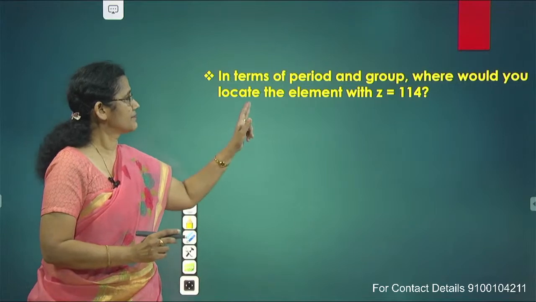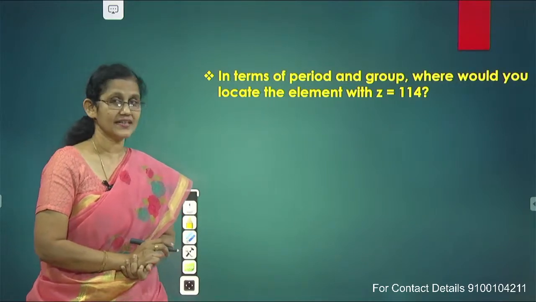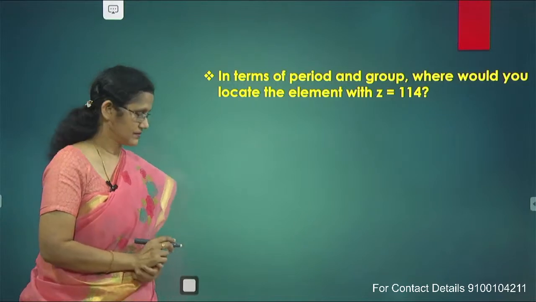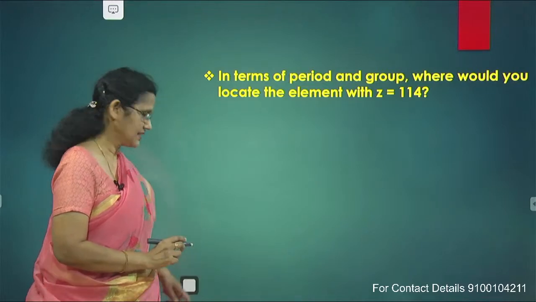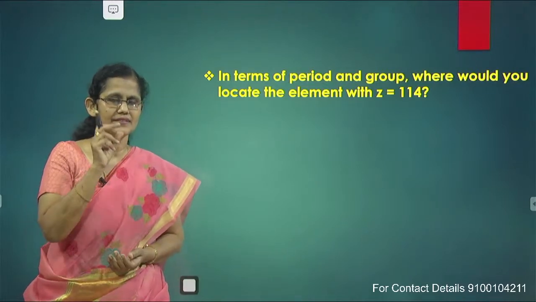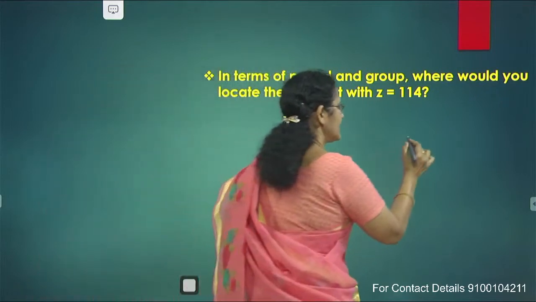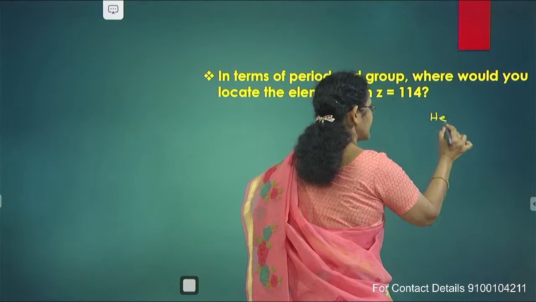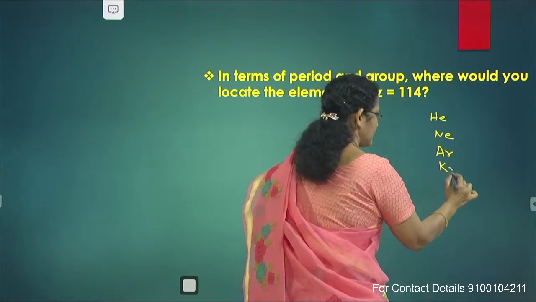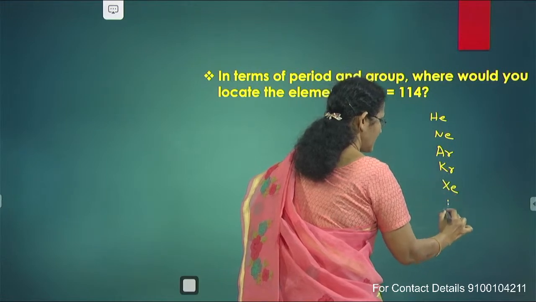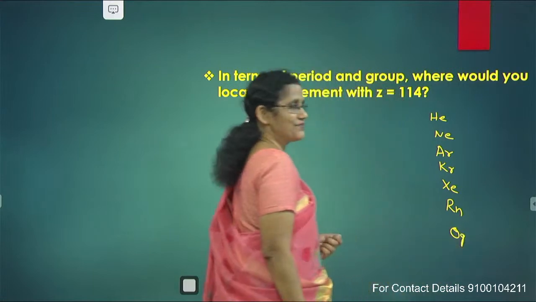In terms of period and group, where would you locate the element with Z equal to 114? See, bigger atomic numbers are given. What we have to do is, first memorize the noble gases. Observe here: helium, neon, argon, krypton, xenon, radon, oganesson, if it is discovered.